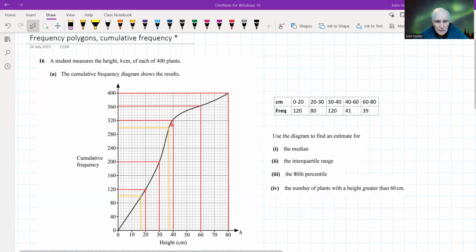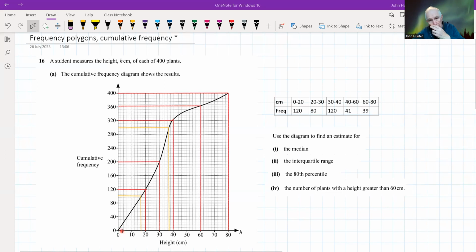Just put straight lines if we want, but it's equally normal to try and draw a curve that goes through them, which looks a bit more natural, I suppose. Okay, so this curve here, we can see this one has been curved, represents our cumulative frequency diagram.